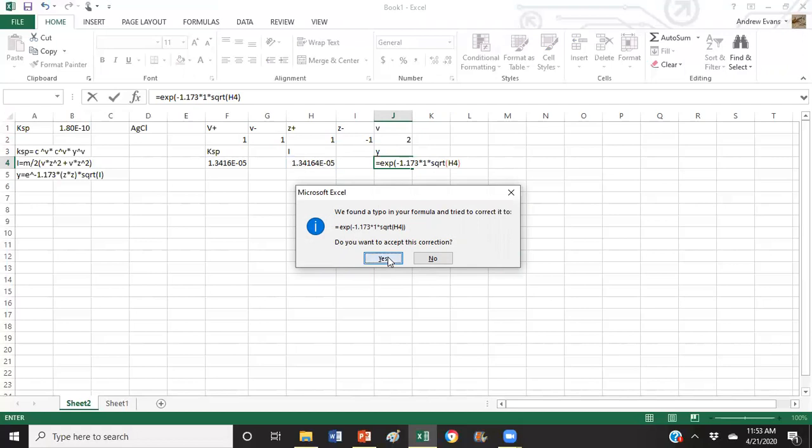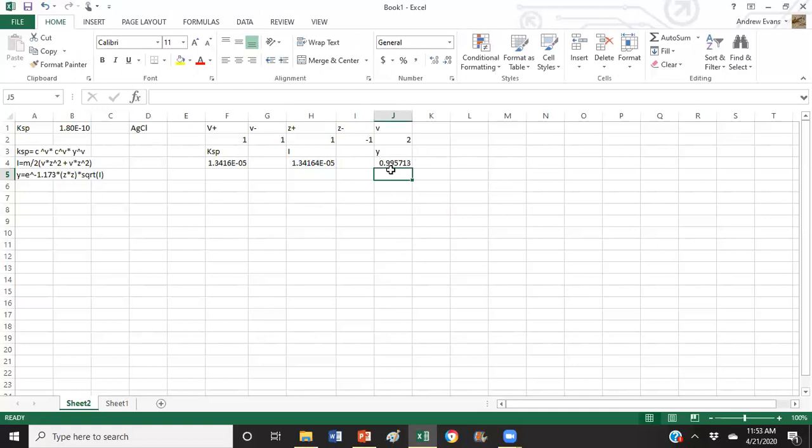Oh, I need another parenthesis. Okay, so the activity coefficient now is 0.995713. So let's plug this in. So this is now 0.995713 raised to the power of 2. And it's iterative, so it's going to work it through again.